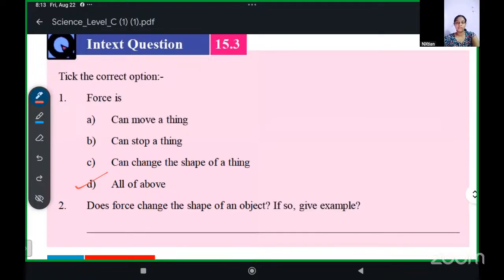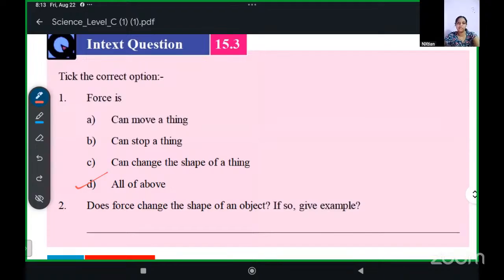Ma'am, I may not be able to attempt the tests because next week Mama has kept my NIOS. Okay, Mama has kept your NIOS. All right. And the quiz will be in class itself, right? Quiz will be in class itself. Abraham, you will be attending the classes, right? Yes, ma'am, I'll be attending the class.